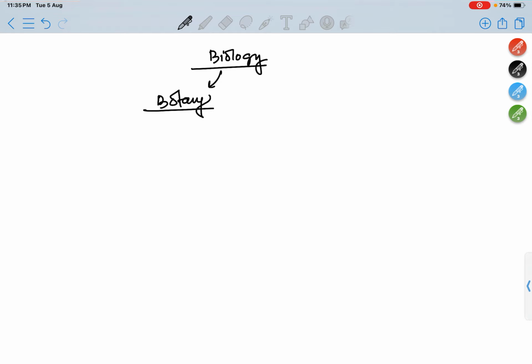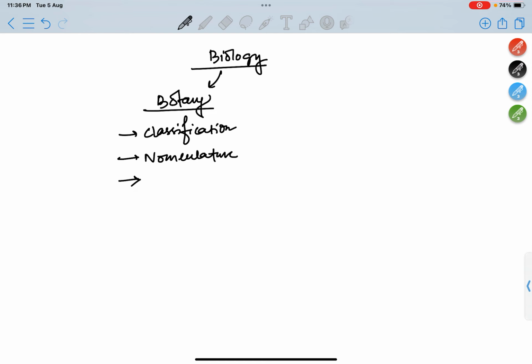In the botany portion there can be questions from classification and nomenclature, and also some other things. Now I'll teach you this first topic, and after that I'll tell you which topics you should cover superficially. So let's get started.